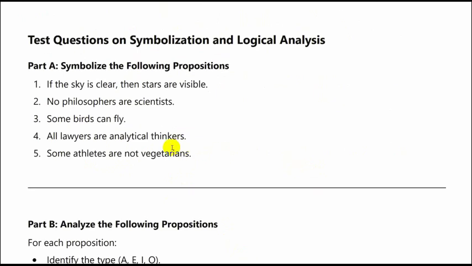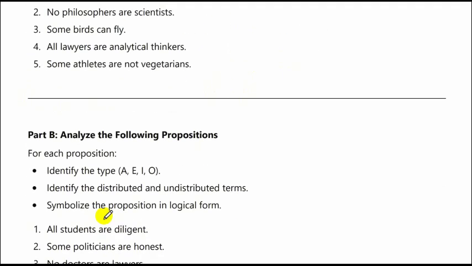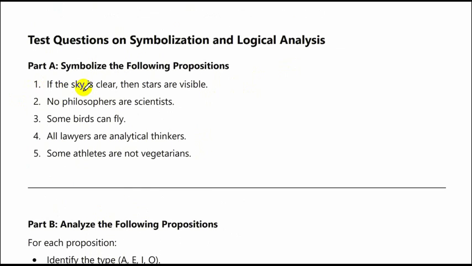Next is test questions on symbolization and logical analysis. These questions come in the test paper, for 6 marks, I suppose, or even 2 marks, where we have to symbolize. So let's look at symbolizing the following propositions. If the sky is clear, then stars are visible. So how do we do that? They have shown us the technique of symbolizing it, so let us try our own way. If the sky is clear, we will write C for clear.